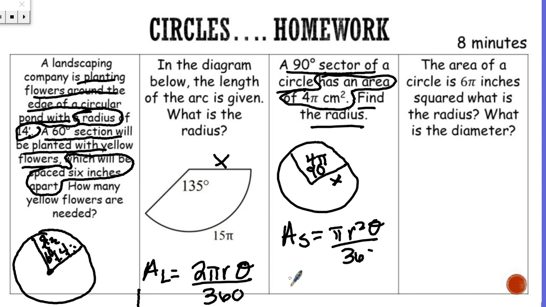Okay, so I know the area is 4 pi, and we're gonna say pi, the radius I don't know, theta is 90, and then we're gonna say over 360.